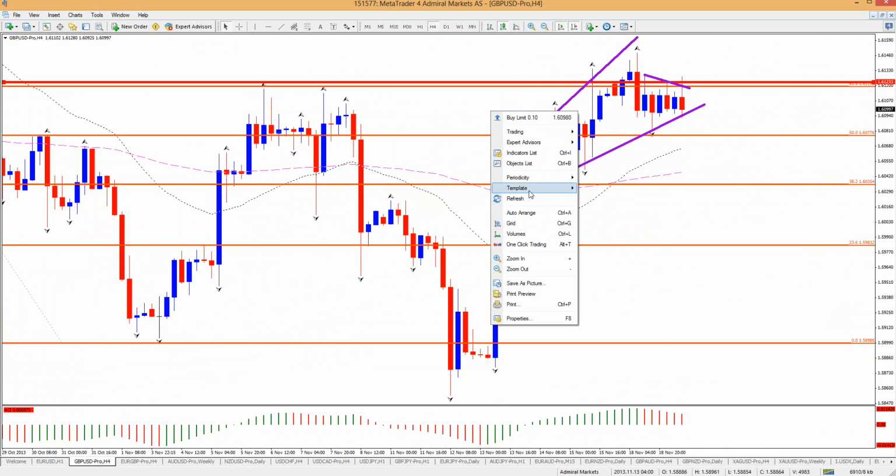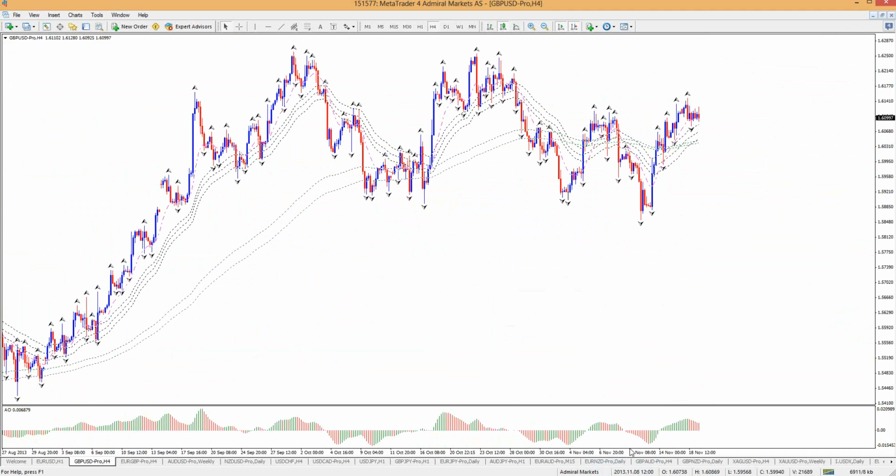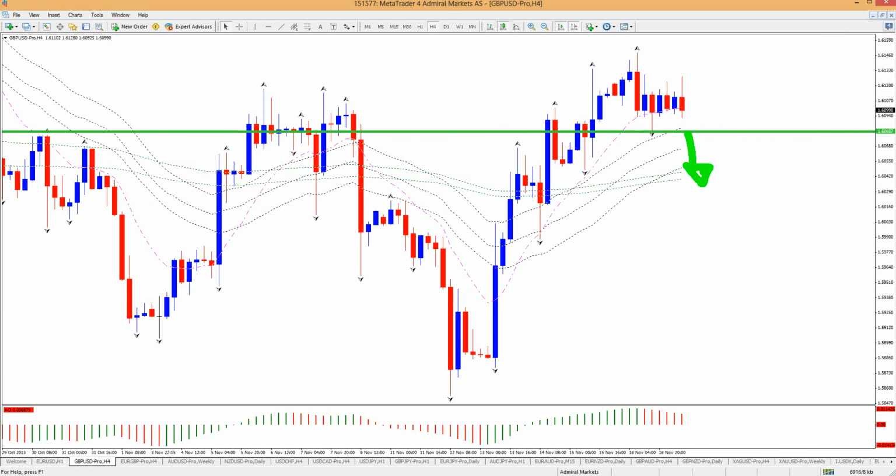Let me get rid of everything. Let me put on everything from scratch again. Especially in this environment where it's so choppy, be very careful. I would look at the 4-hour bottom at least, 160.80. I think that's also where the Camarilla kicks in for downside.